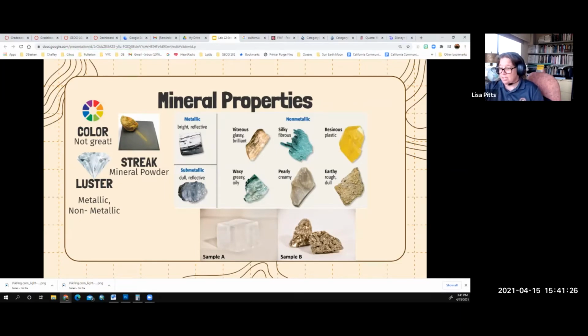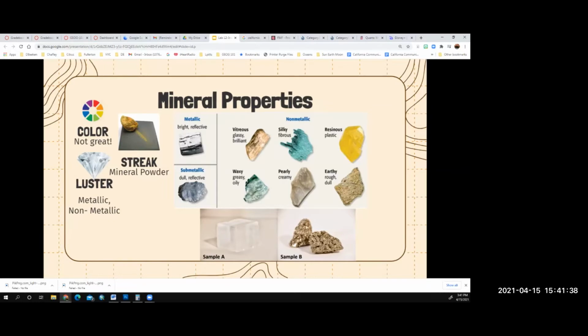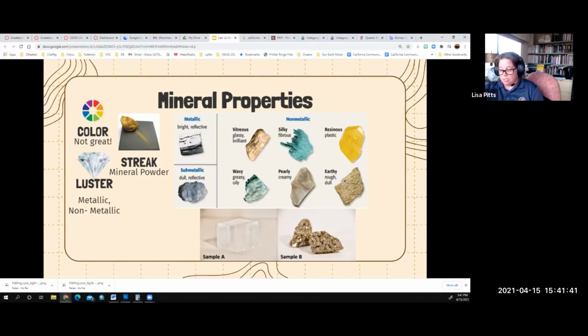Is it metallic or non-metallic for A? Maybe non-metallic. Very good. It is non-metallic. All right, going further, what kind of non-metallic luster are we talking about?